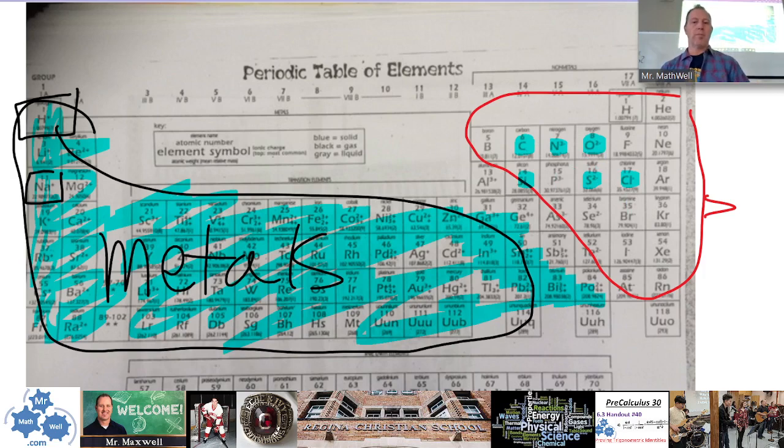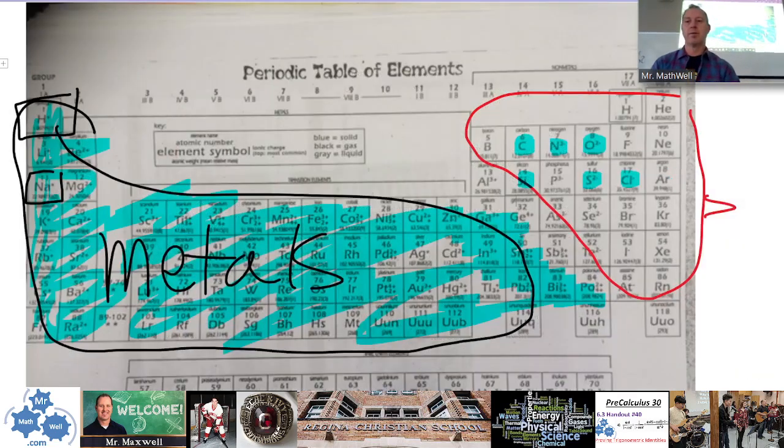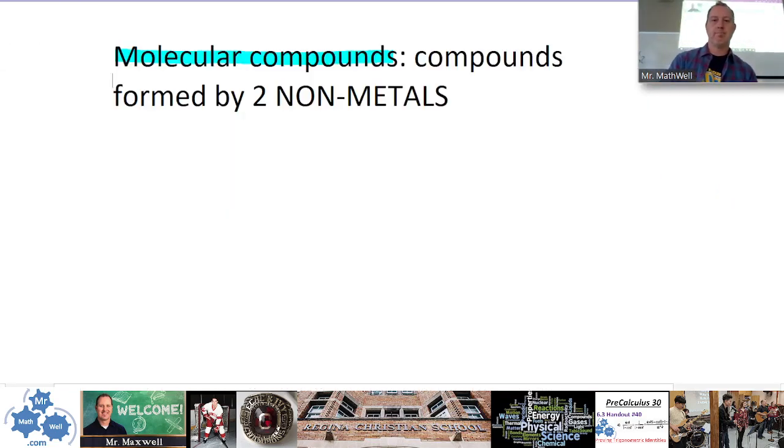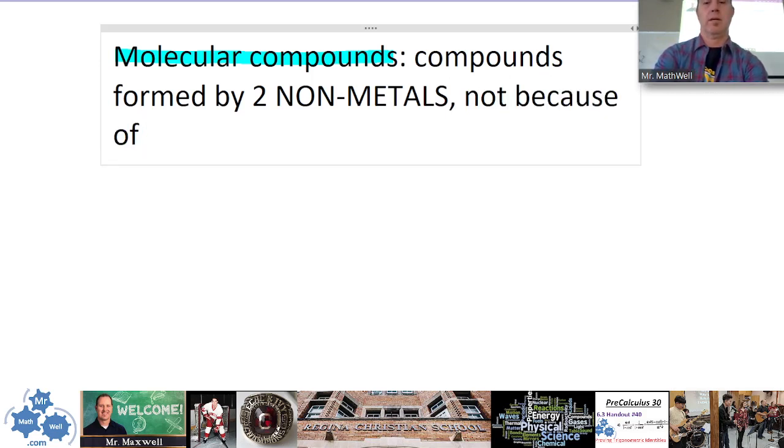Okay, so when two nonmetals combine, we should add that it's not because of ionic charges. So compounds formed by two nonmetals, not because of opposite ion charges.